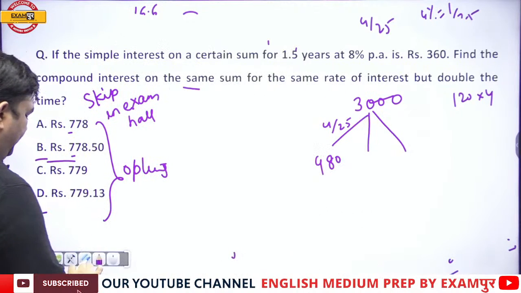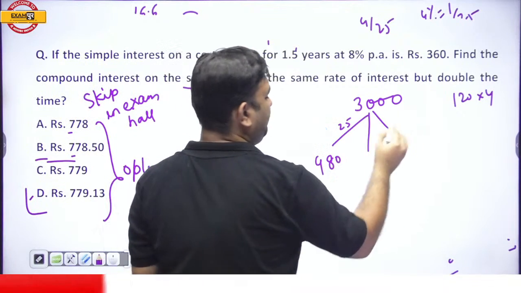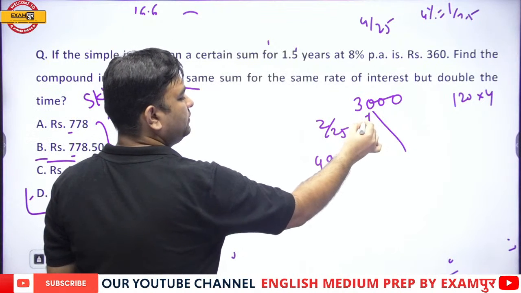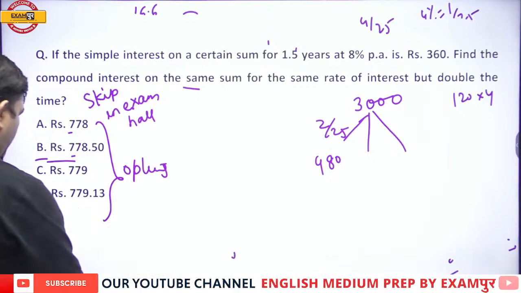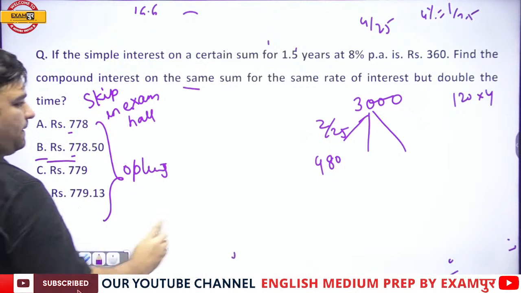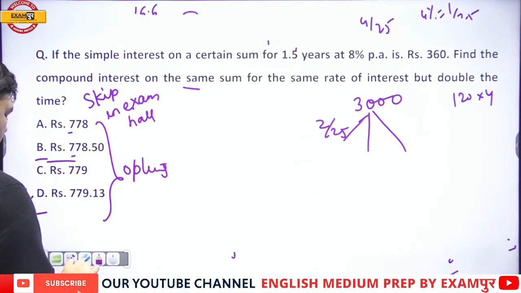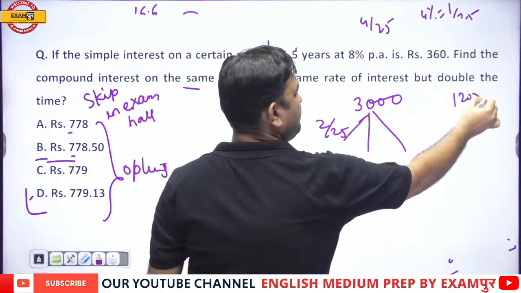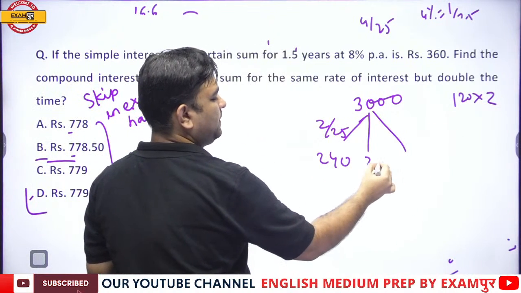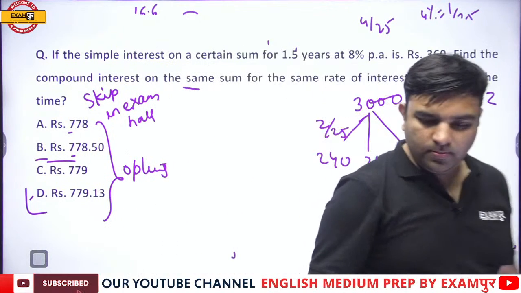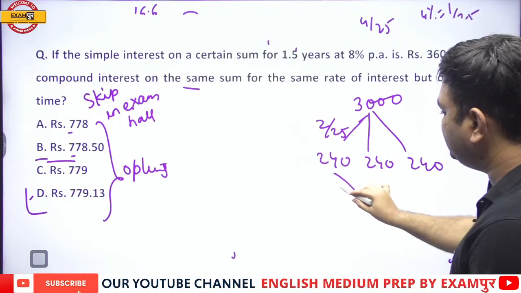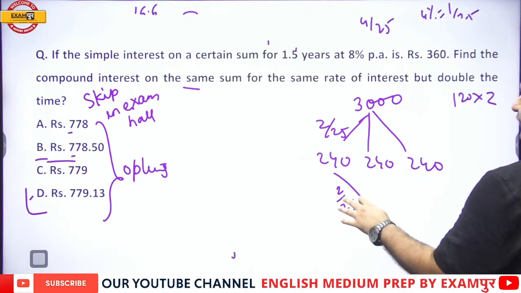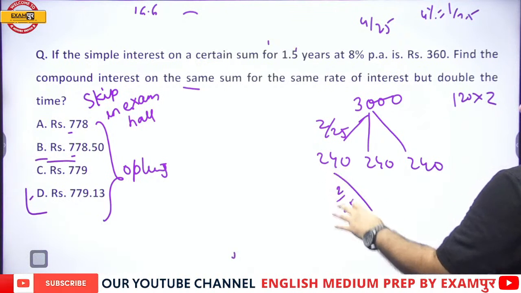Two by 25. 3 times A, 3 times A, 25 is simplifying.